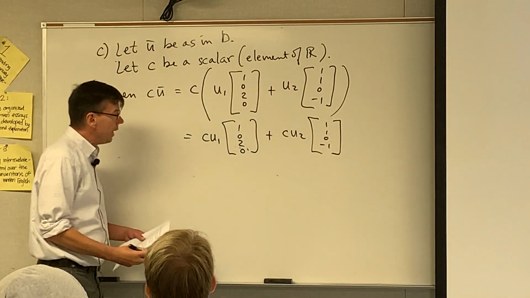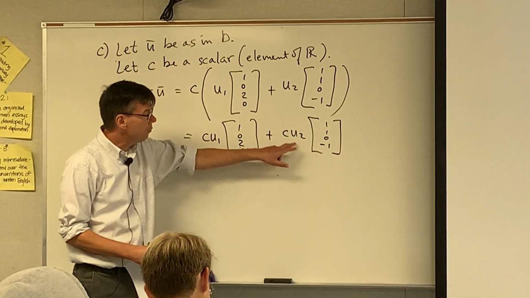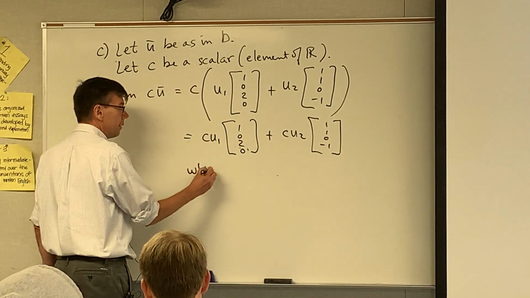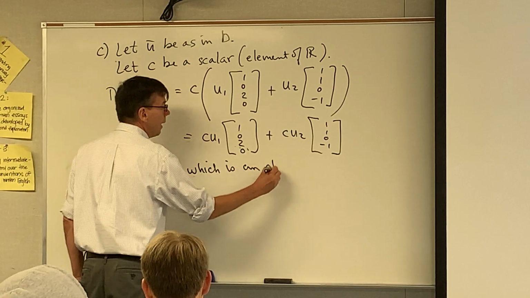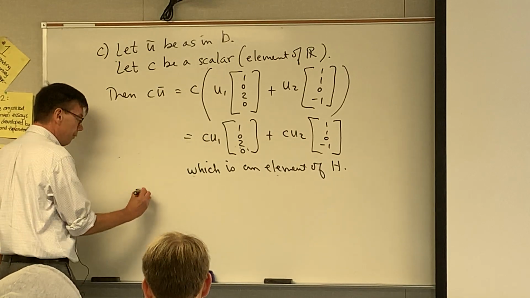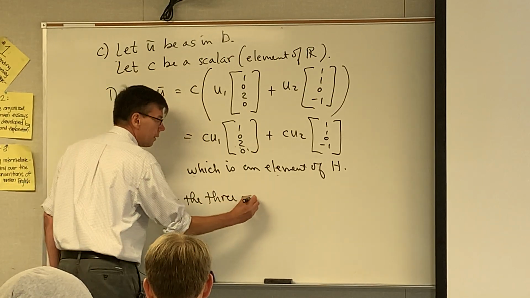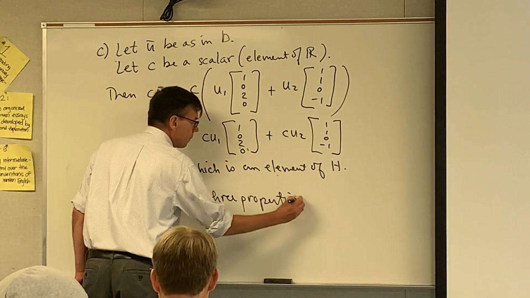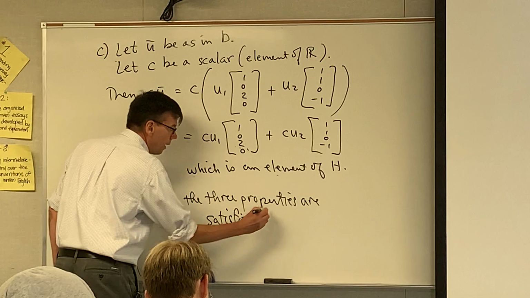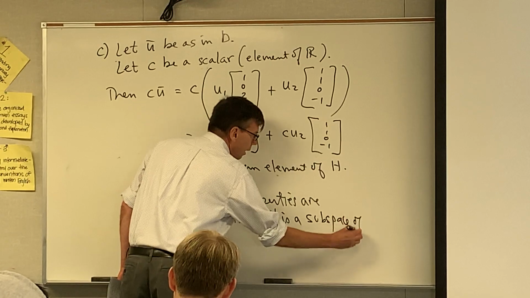And we're just, again, making the observation that this CU vector is a scalar times the first plus a scalar times the second, which is an element of H. So therefore, the three properties are satisfied. H is a subspace of R4.